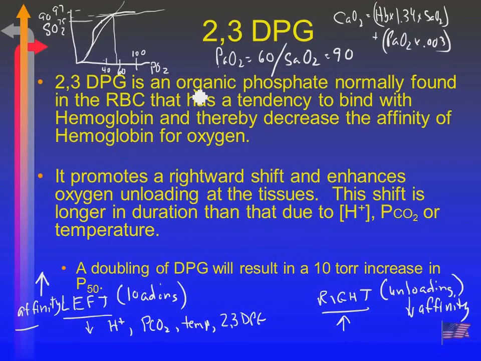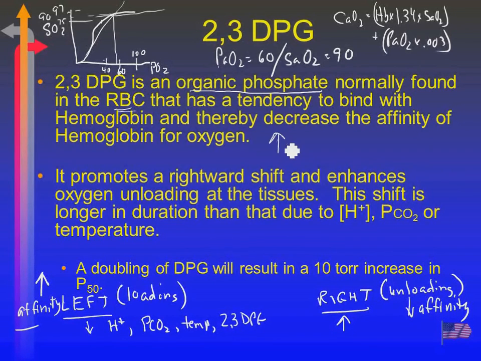2,3-DPG is basically a phosphate that is present within the erythrocyte that competitively binds with hemoglobin so that oxygen can't. Simple way of putting it. There's more to the story there, but for our purposes, that's enough.